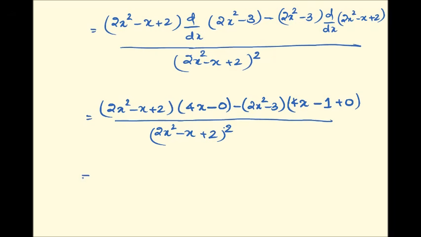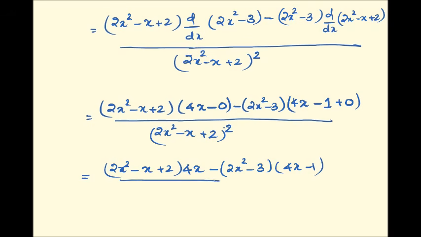Now simplifying, again we can write 2x square minus x plus 2 into 4x minus 2x square minus 3 into 4x minus 1, the whole divided by 2x square minus x plus 2 the whole square. We solve the numerator.